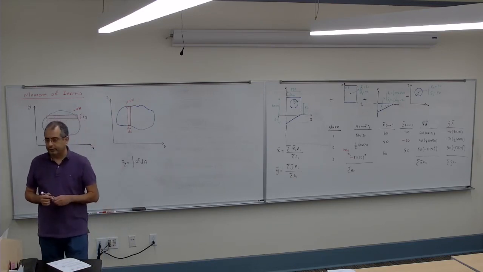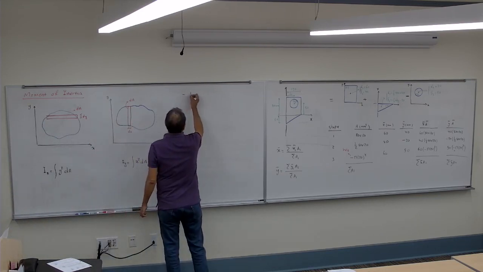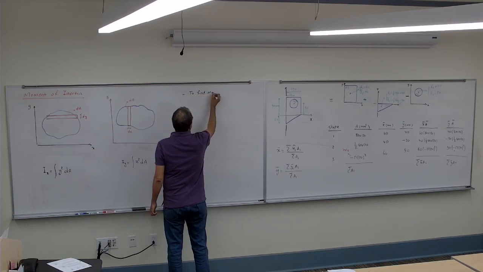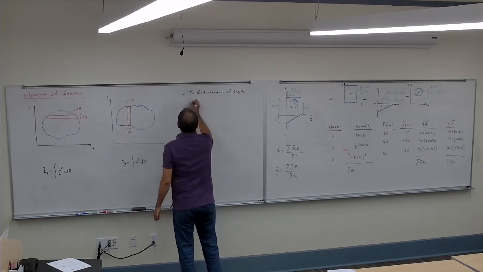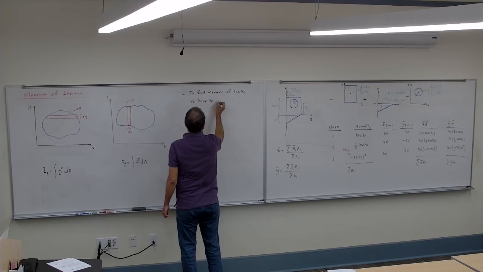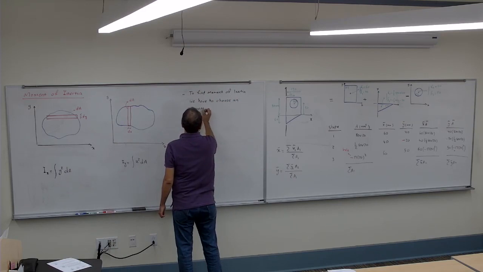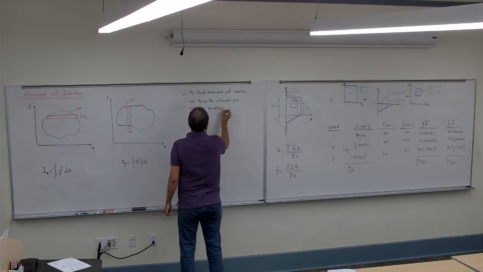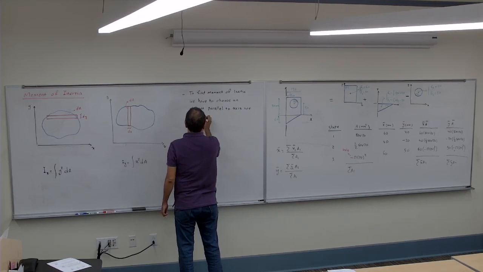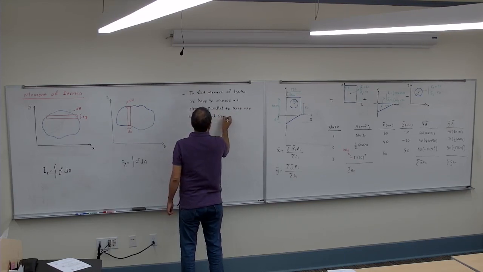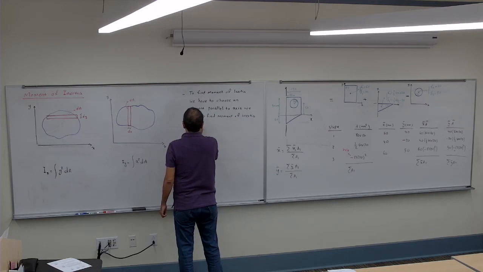So to find moment of inertia, we have to choose an element parallel to the axis we want to find the moment of inertia about.